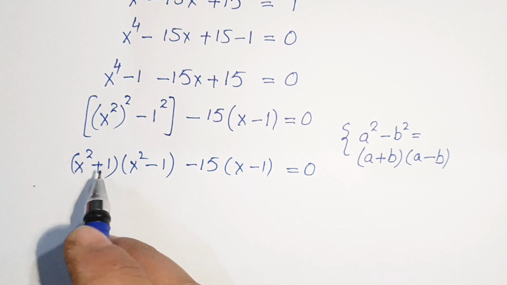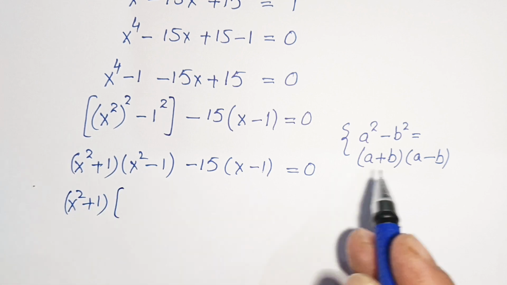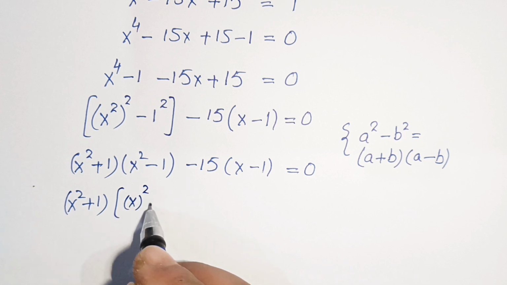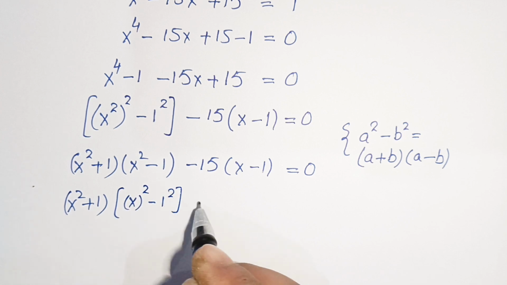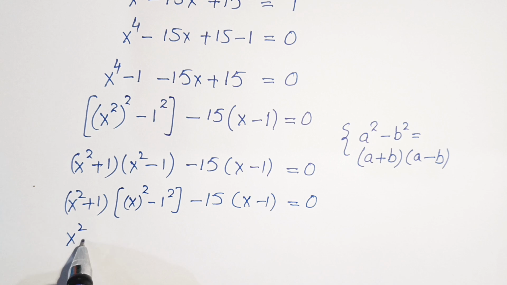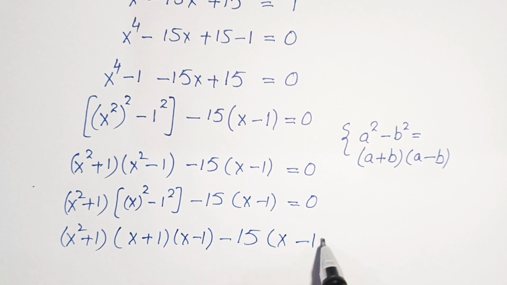So here x squared minus 1, we can also use the same identity, writing x whole squared minus 1 squared, and minus 15 times x minus 1, which is equal to 0. So here we have x squared plus 1, and it will be x plus 1 times x minus 1, minus 15 times x minus 1 is equal to 0.